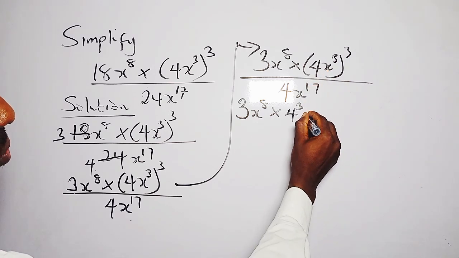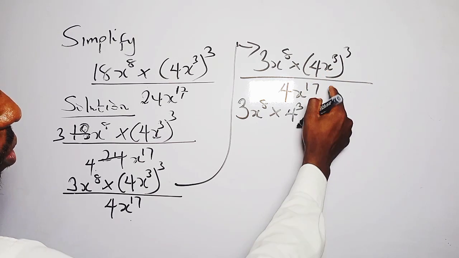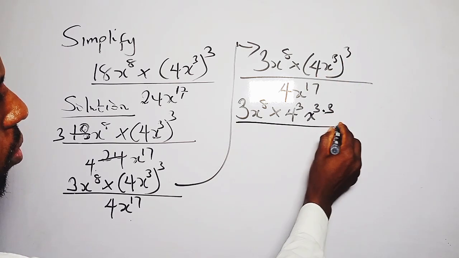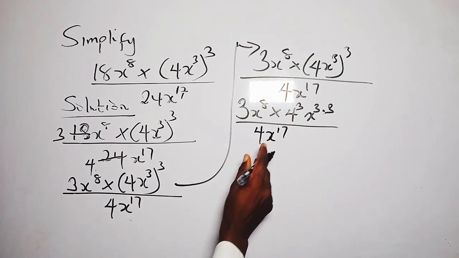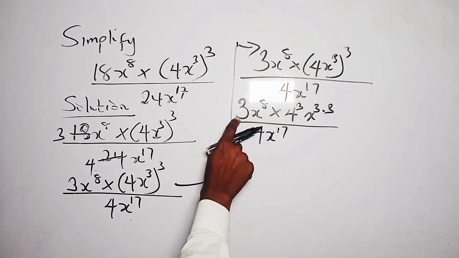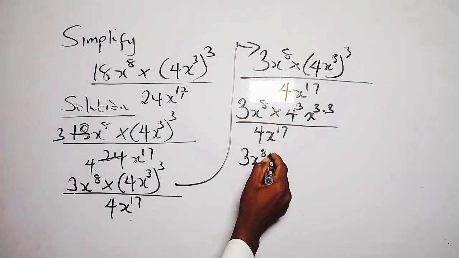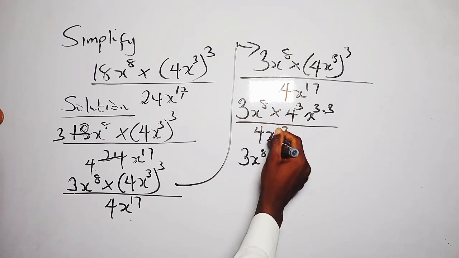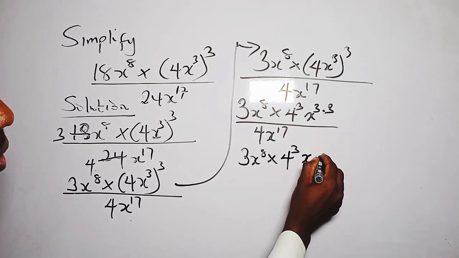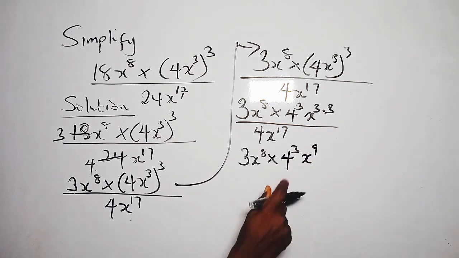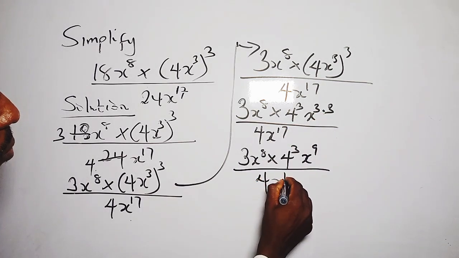For x, we have x raised to the power 3 times 3, that is 9. Then divide by 4x raised to the power 17.